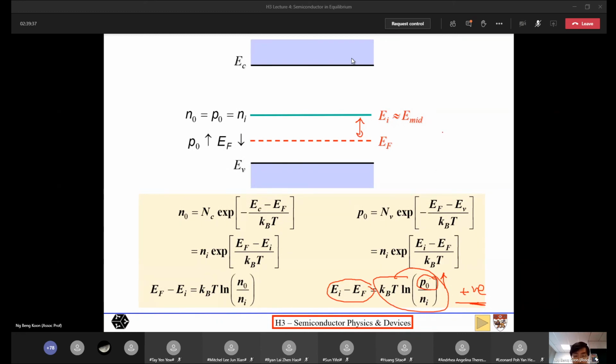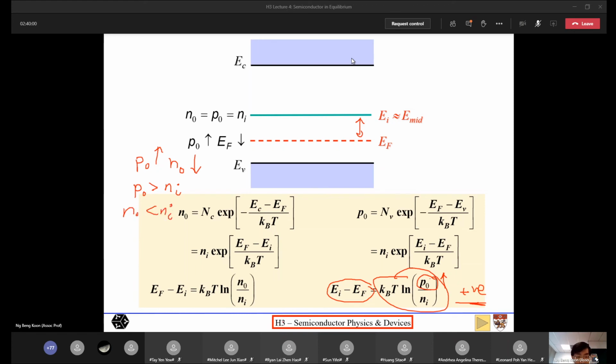And conversely, if your P0 is large, then your N0 must be small because of the mass action law. Similarly, you find that P0 will be greater than Ni if it increases, and N0 will be less than Ni.